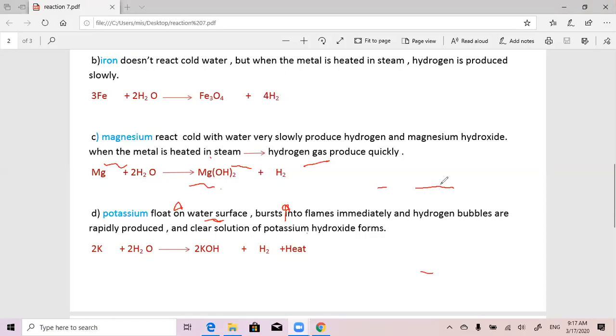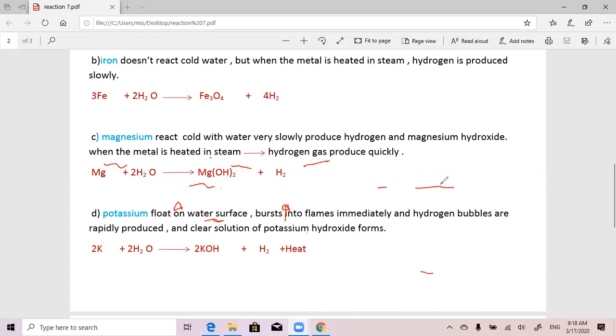So magnesium reacts slowly with cold water, but reacts quickly with heated water or steam.